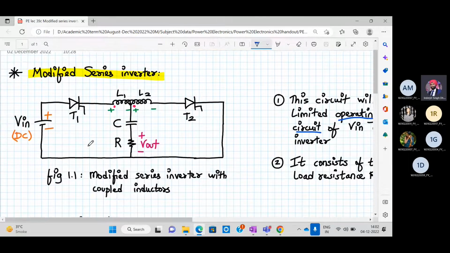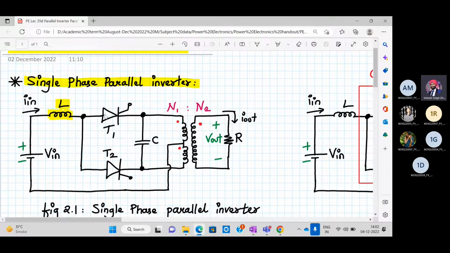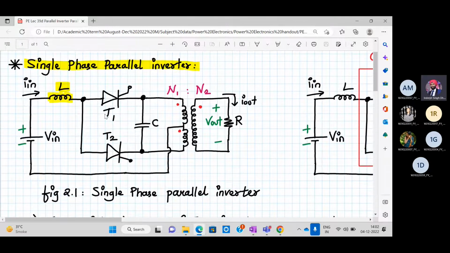This is your circuit of the single phase parallel inverter. You have to listen and concentrate fully to understand this thoroughly. Can we begin? Yes, sir.